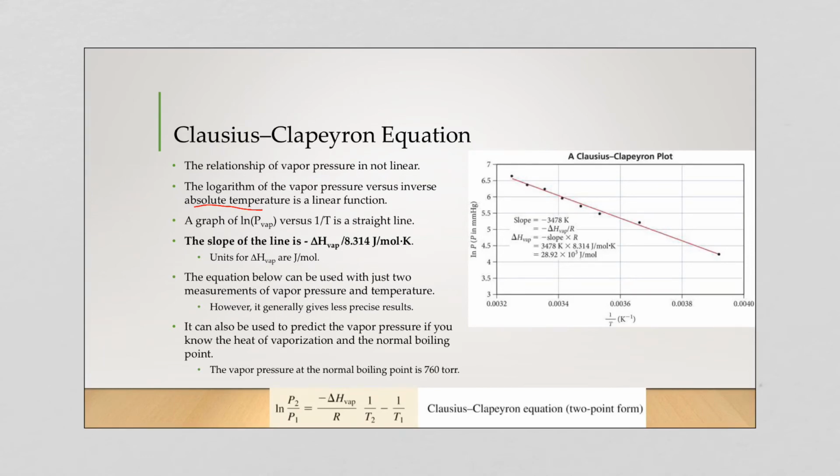And in this case, the slope of the line equals the negative delta H of vaporization divided by 8.314, which you might remember is a version of the gas constant. It's a version of R.